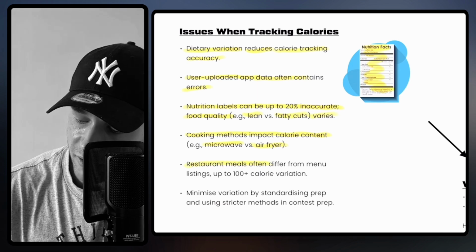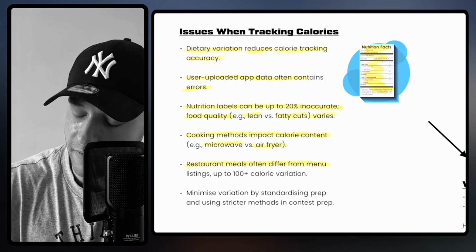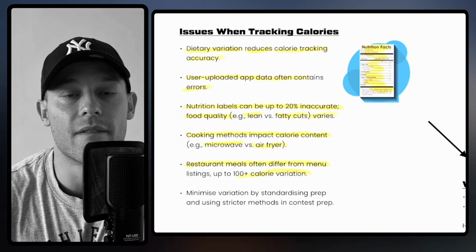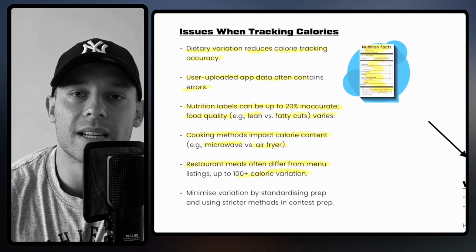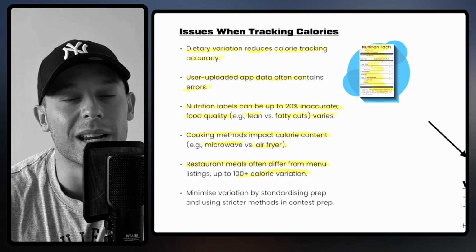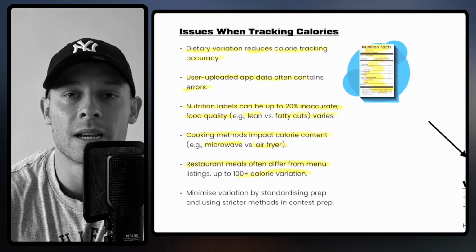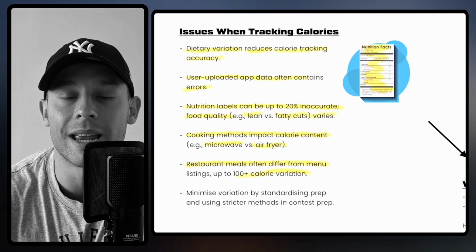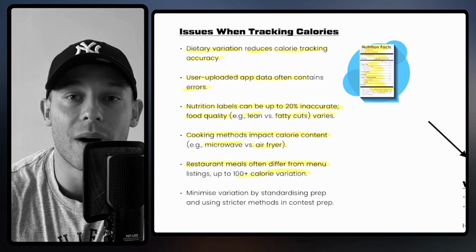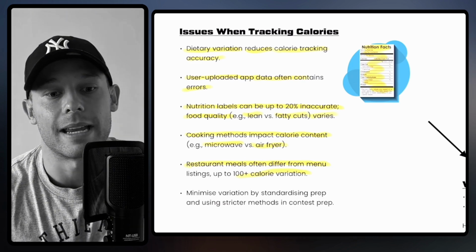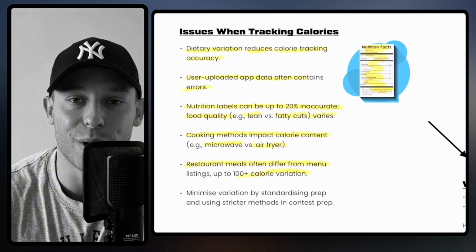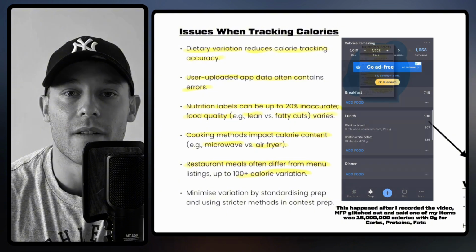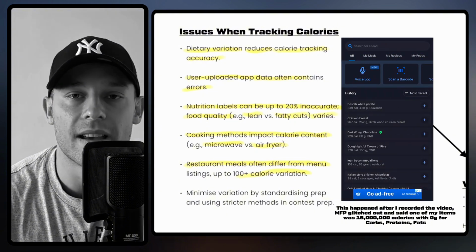Number 5, restaurant meals often differ from menu listings, up to 100 calorie variations. So the restaurant's idea of a portion size may be completely different to yours. If you've been following the Eat Well guide or the portion plate, you'll know it recommends a quarter carbohydrate, which is represented as a palm size, a quarter protein also represented as a palm size, and then half vegetables represented as your 8 fingers.